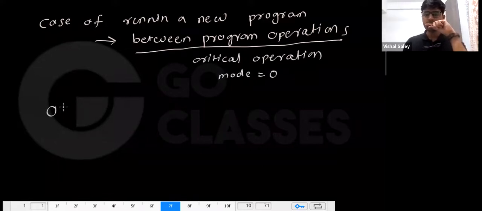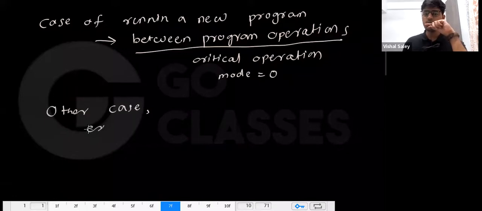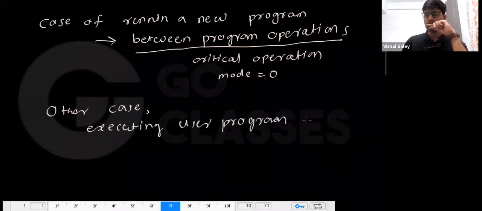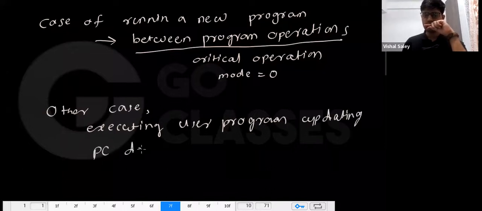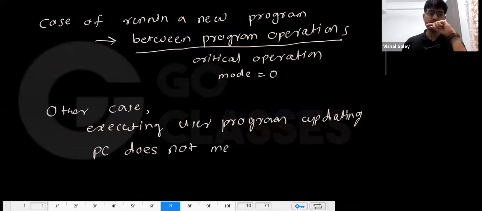In other cases, for example executing your regular user program, updating the program counter does not have any consequences.